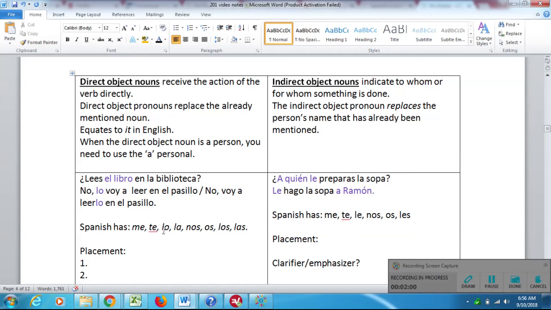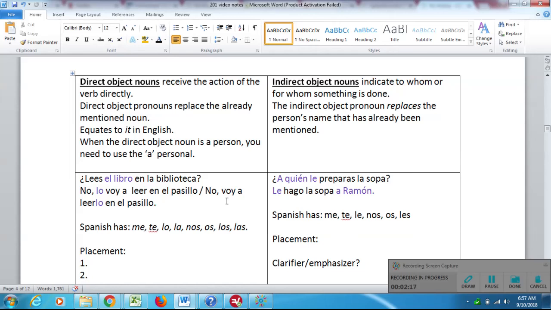How do we determine which one we need? Well, let's take a look. El libro es masculino y es singular, so it's lo. When it comes to placement, we have two choices.